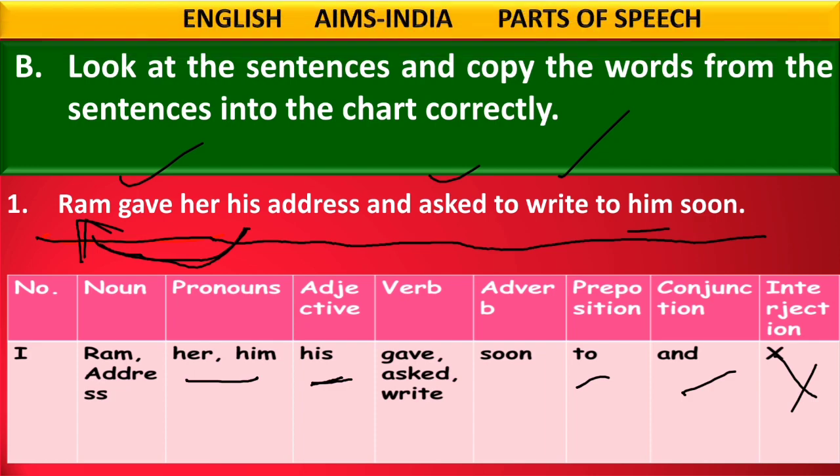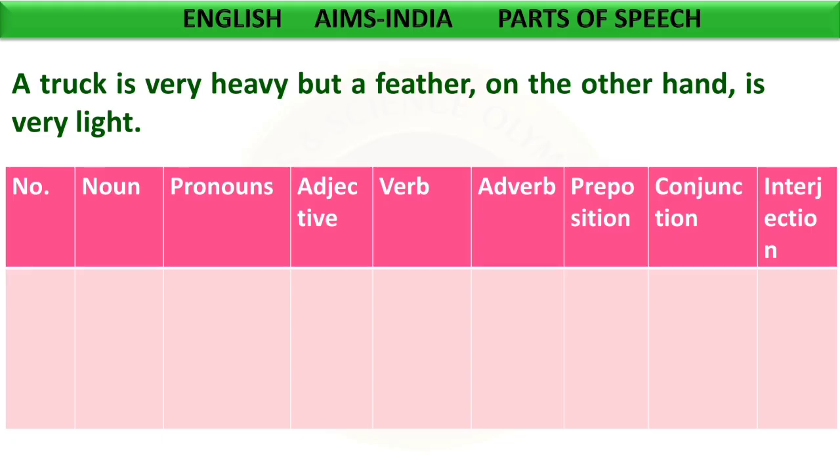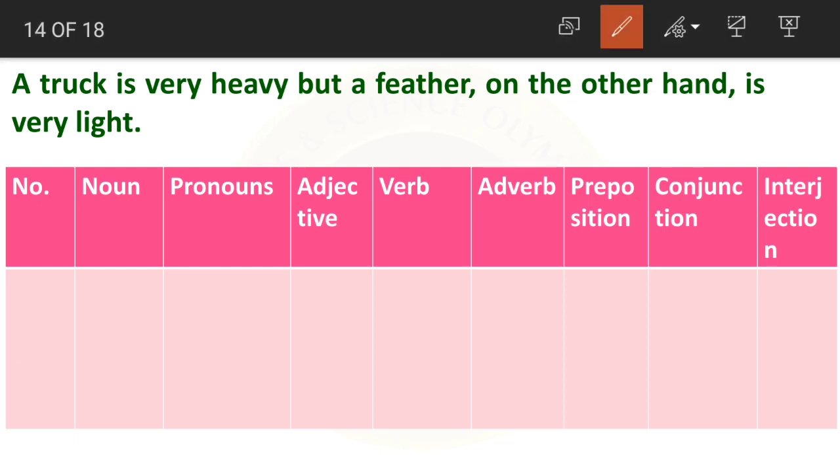So let us see. Here, a truck is very heavy, but a feather on the other hand is very light. What is the noun here, children? I'll just write the starting letter of the word, because the space is very less here, so we cannot write the complete word. What is the noun here?